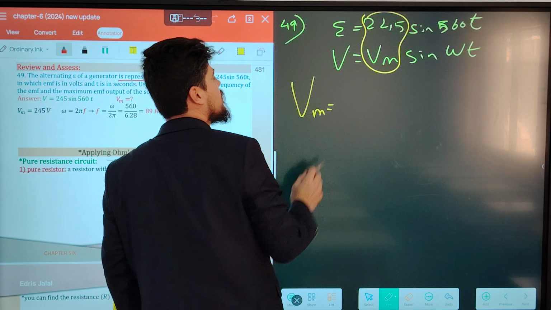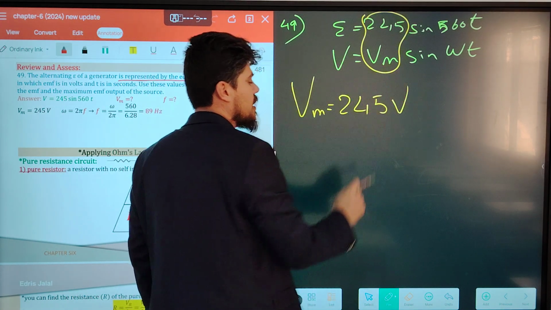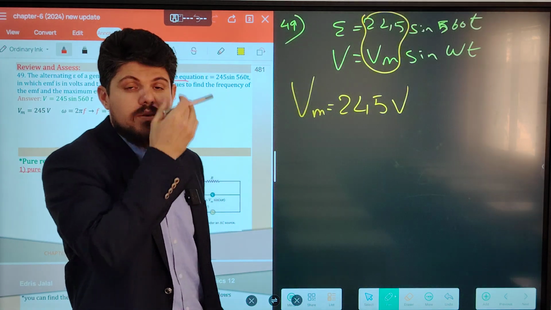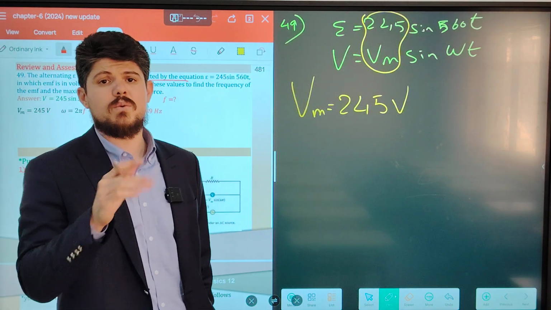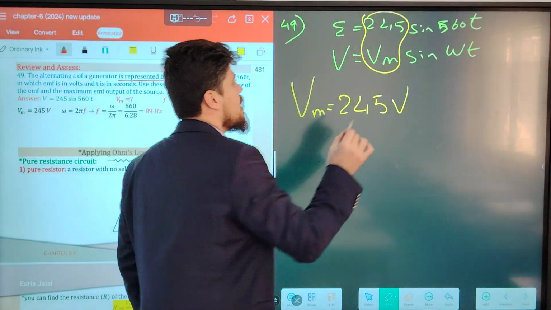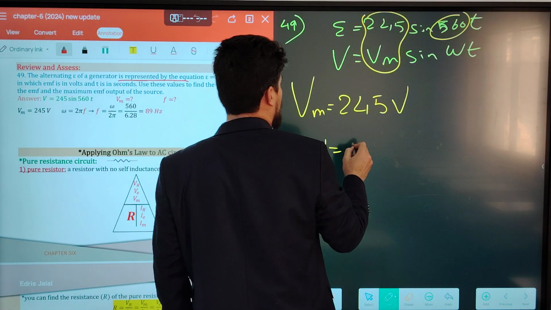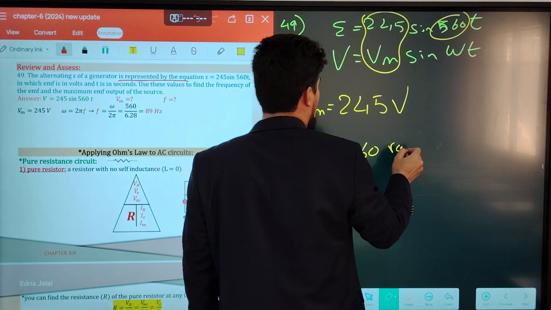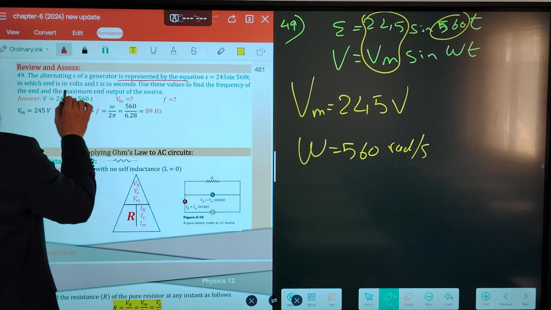Vm was given by the equation, 245. Guys, if the equation is given, the number before the sine always represents Vm or Im, and the number before time is omega. Omega is equal to 560 rad per second.